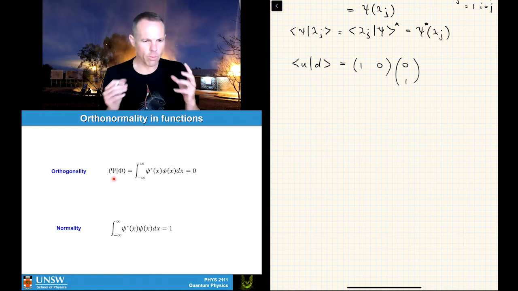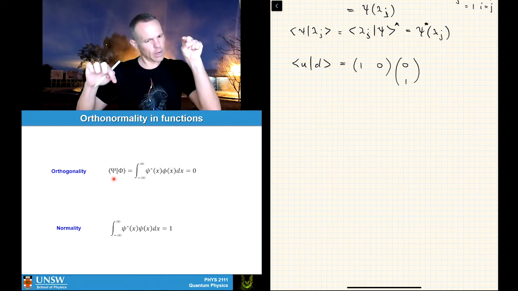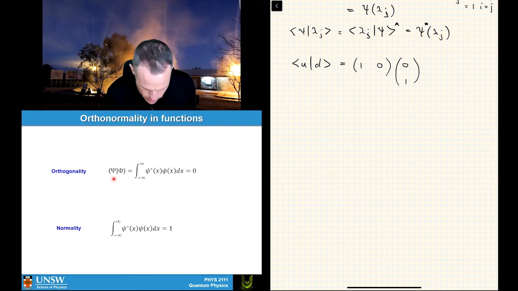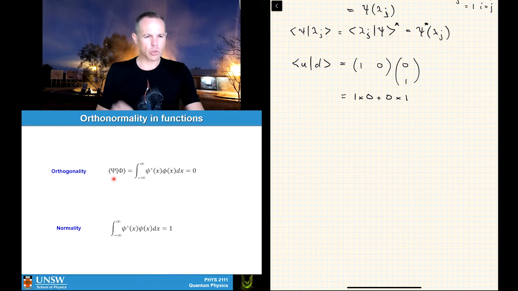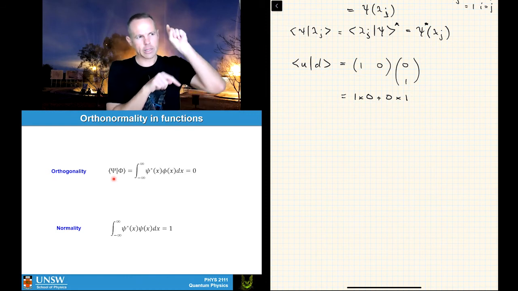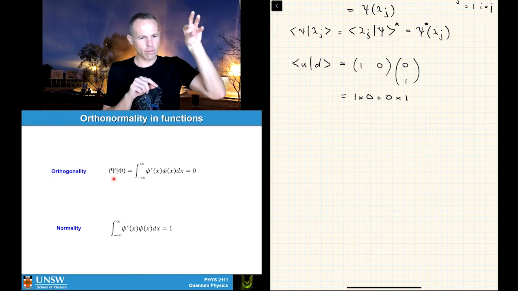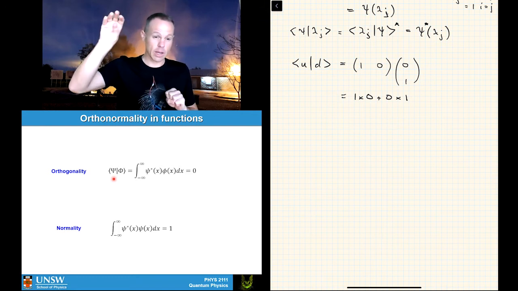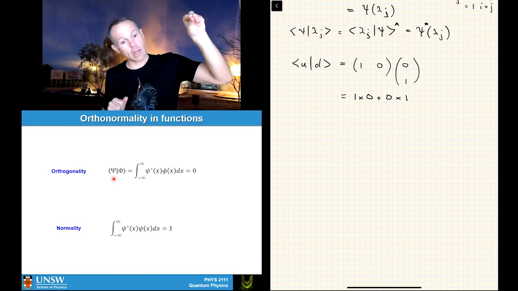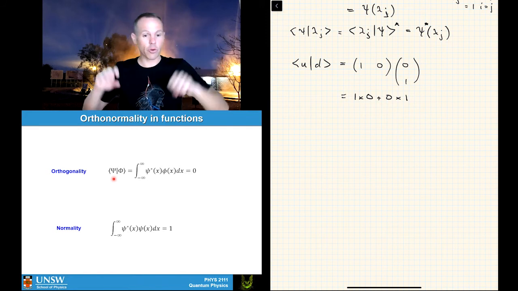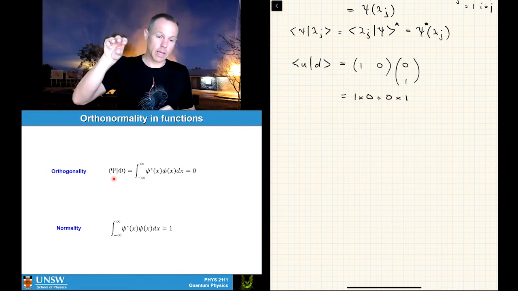And then you're basically taking the sum of the elements when you do the vector product, right? Remember, you do 1 times 0 plus 0 times 1. And so what you're doing is taking the first element of one vector times the first element of the other vector, the second element of the first vector times the second element of the second vector.